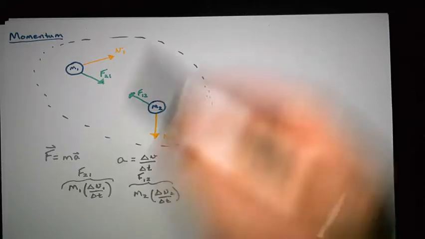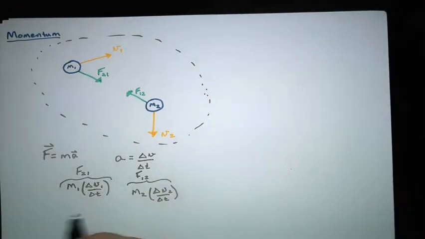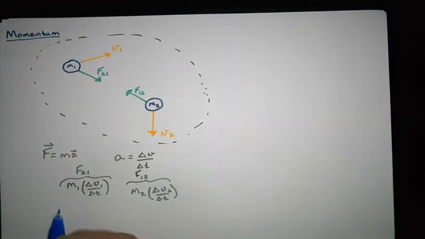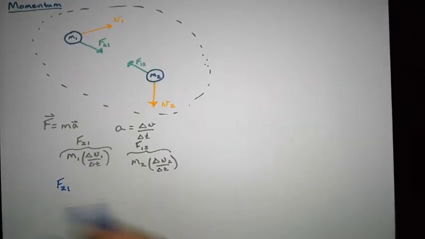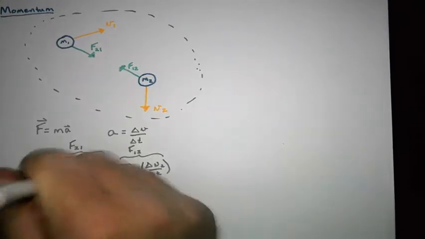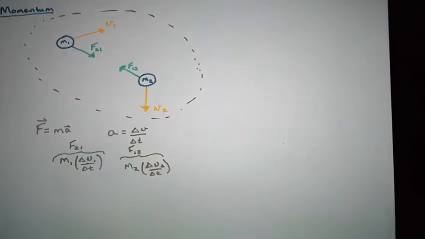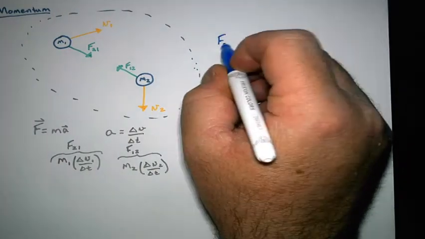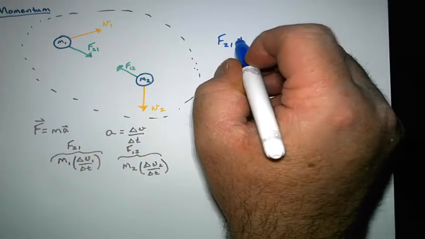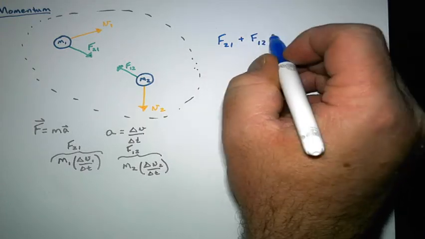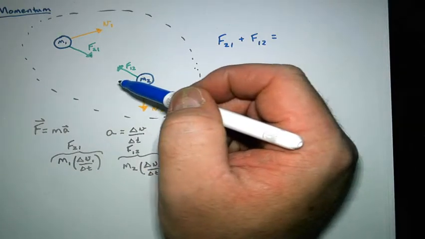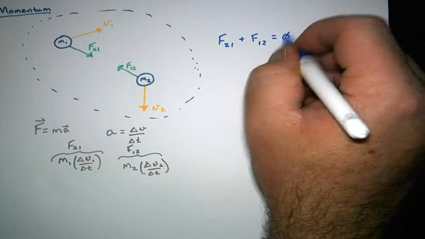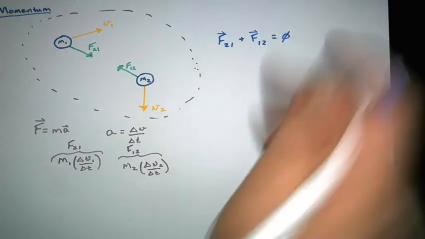But we know that these two, if we add them together, F21 and F12, because they're in opposite directions but the same size, equal and opposite, we get 0, right?